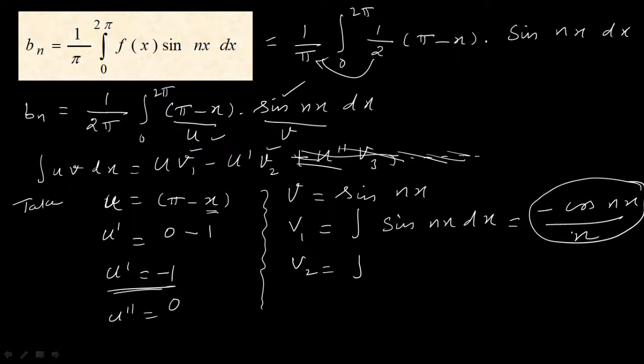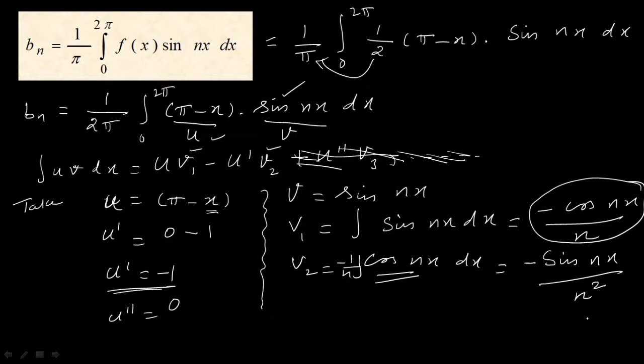Minus 1 by n is a constant, so take it outside: minus 1 by n integral cos nx dx. Integrating cos nx gives sin nx divided by n. Already you have minus and n in the denominator, so with one more n, n product n is n square. So your v2 is minus sin nx by n square.